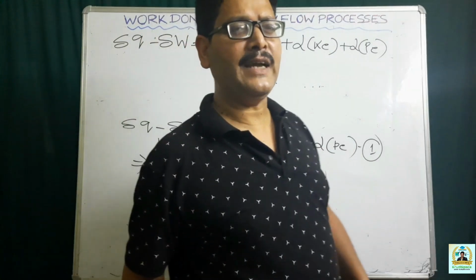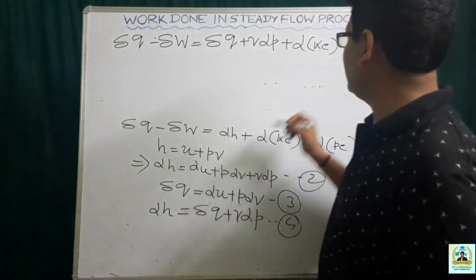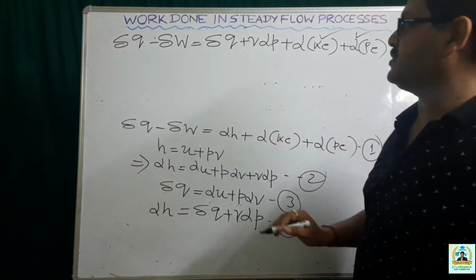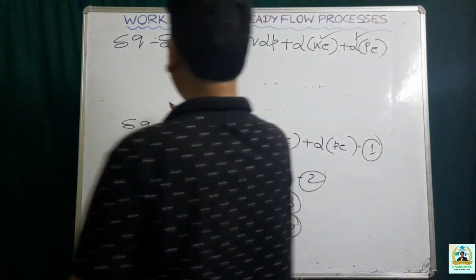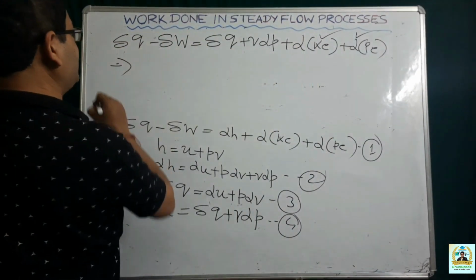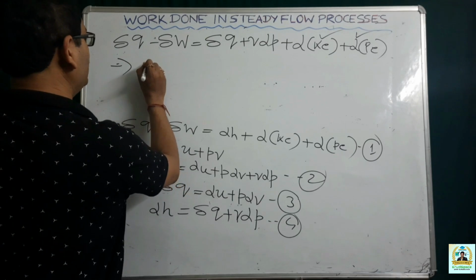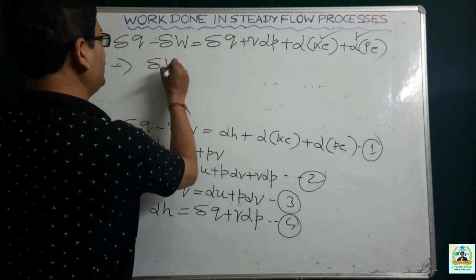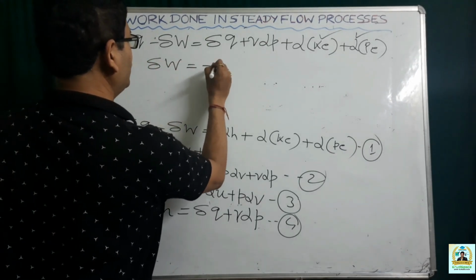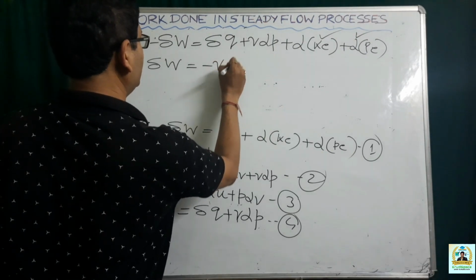The change in kinetic and potential energy is negligibly small, so these terms may be eliminated. So this implies that del W is equal to minus VdP.